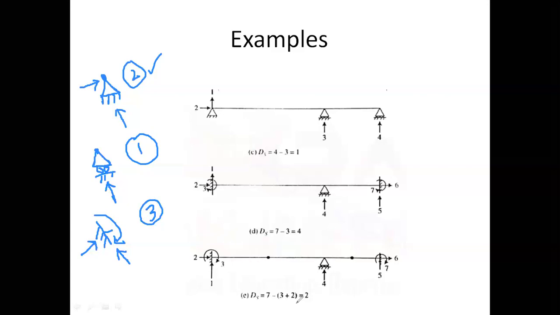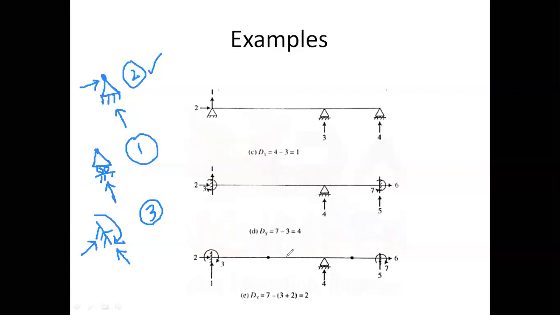The total is 8. Now, as per our approach till now, 8 minus 3. If we don't see this part, this is basically an internal hinge. If the internal hinge had not been there, then the degree of static indeterminacy would have been 7 minus 3, that is 4. But in this case, two internal hinges are there.